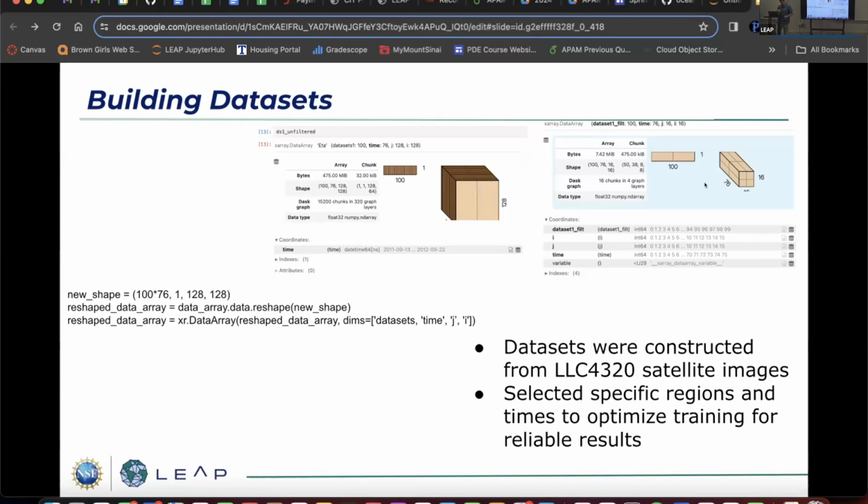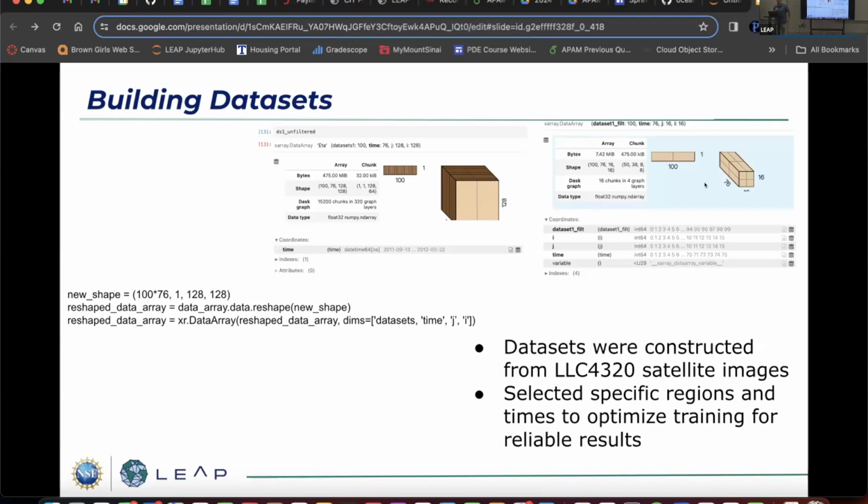And our other data set, as you can see right here, we took our unfiltered data set that we got directly from the high resolution image, and we used a downscaling method to turn the original image into a lower resolution, more grainy image, like we saw earlier in Tony's slides.